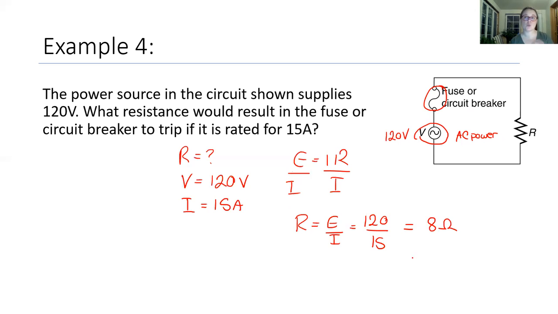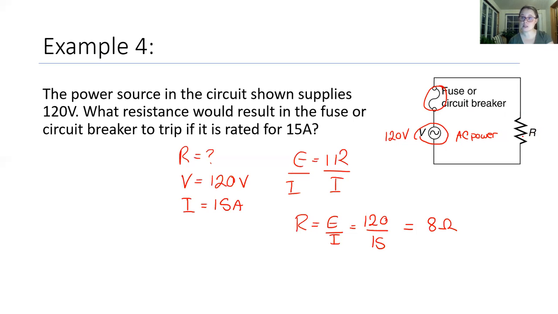So let's think, will the circuit trip if the resistance is more than 8 or less than 8? Remember, the current can't be over 15 amps. If we put more resistance, if we block more current here, the current's going to go down. Does that make sense?